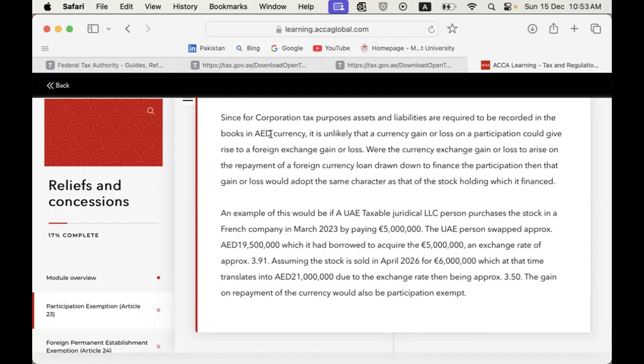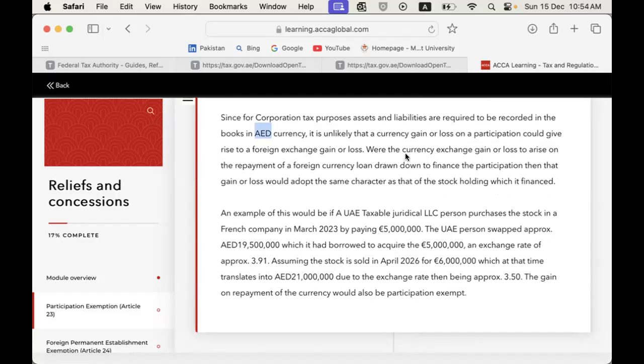Yeah, so this is a condition. It's a decision as well, and actually in the decree law itself it is clearly mentioned that the currency used to report transactions and balances will be AED. So chances of foreign exchange gain or loss arising may not be there.